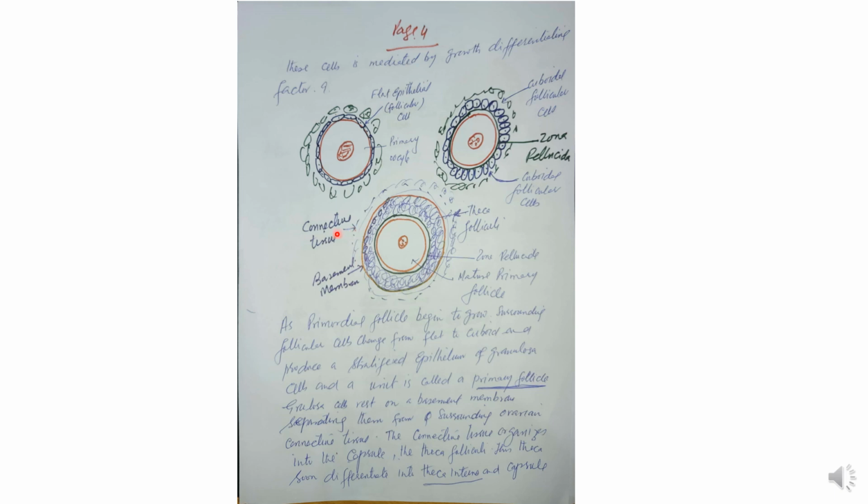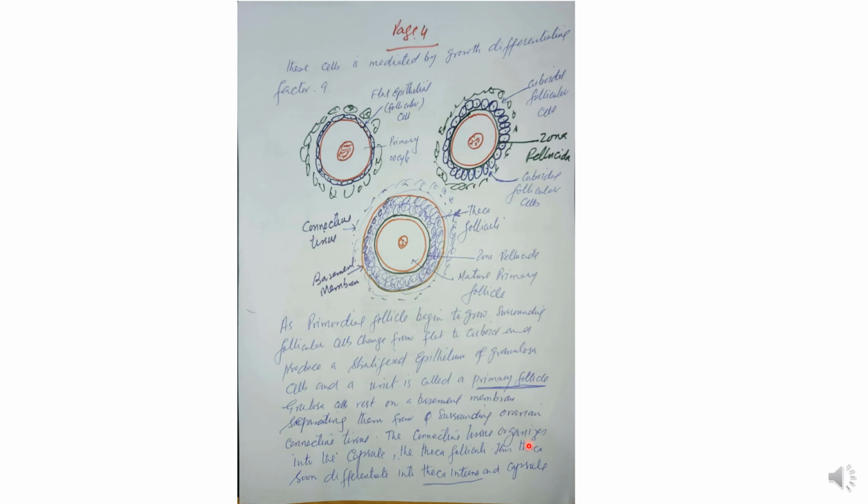In the primary follicle, granulosa cells rest on the basement membrane, separating them from the surrounding ovarian connective tissue.